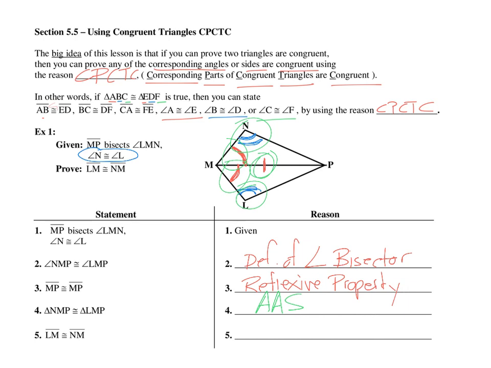So LM is congruent to NM. How do I know that? This is your reason. You could always use this reason after you have proved two triangles are congruent to show that any of the corresponding sides or any of the corresponding angles are congruent.